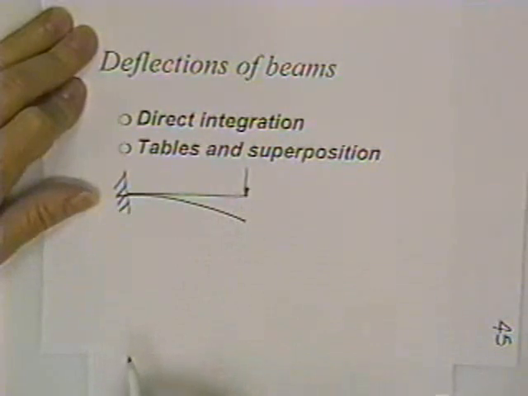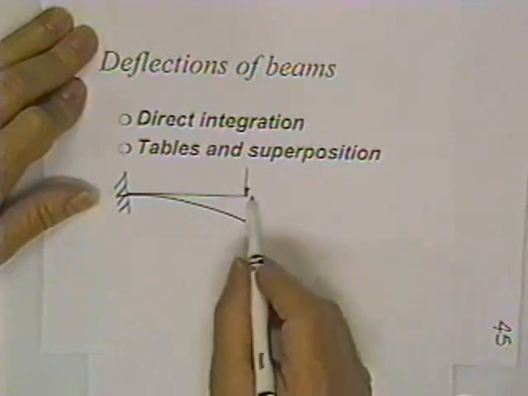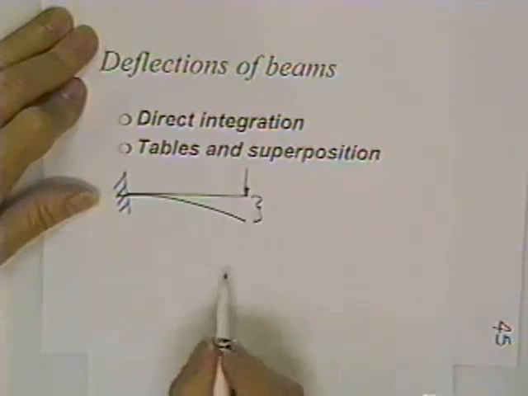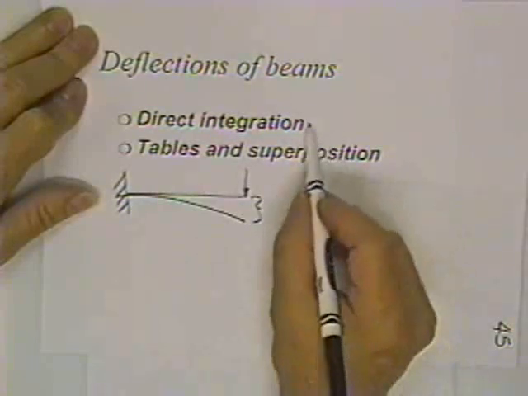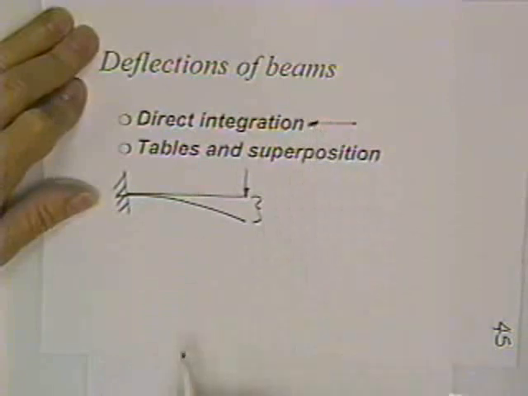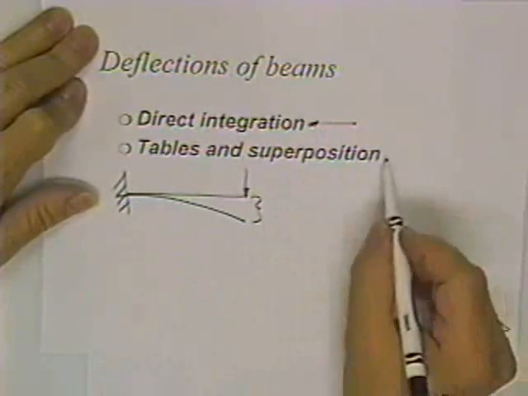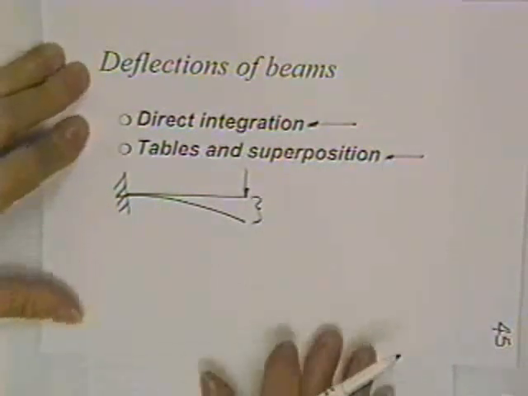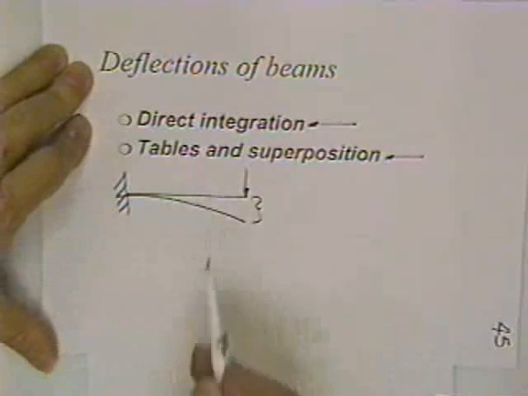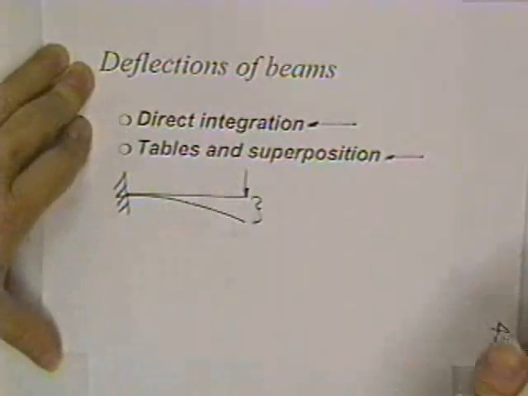Now there's two ways that you can solve for how far this beam moves down as you apply the load. There's a bunch of ways, but the only two that you care about are direct integration and using tables.